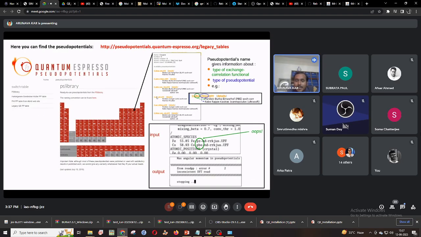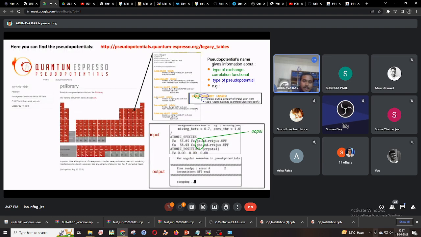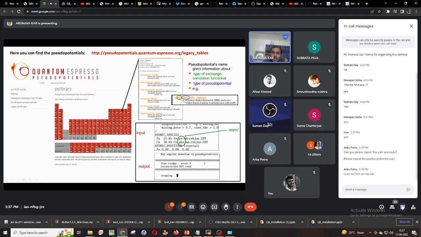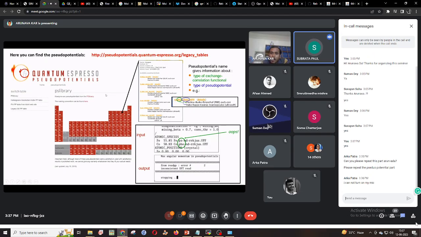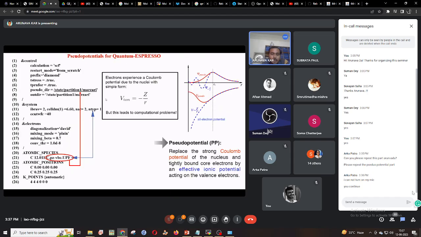I don't know which part he is asking about. Orko is telling us his mic is not working. He has asked, please repeat the pseudopotential part. Okay.